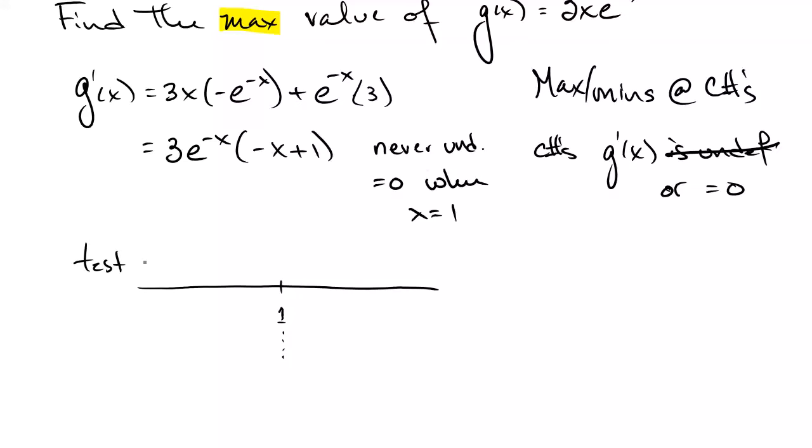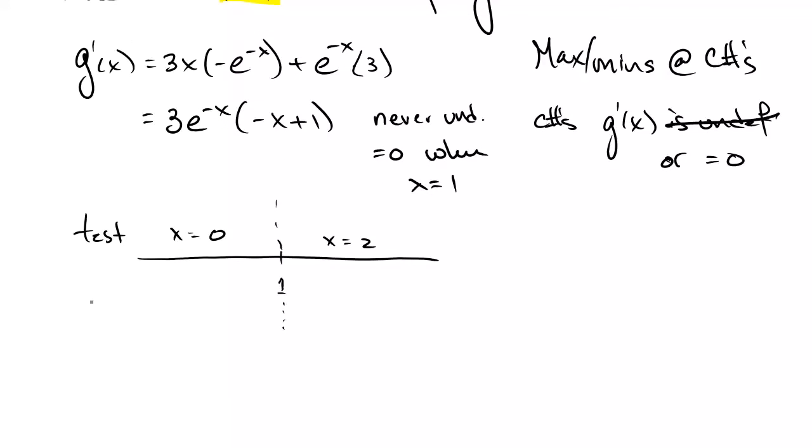And we can do a quick test. Let's say we chose 0 on this side of 1, and let's say we tested x equals 2 on this side of 1. Let's go ahead and look at g prime of x.